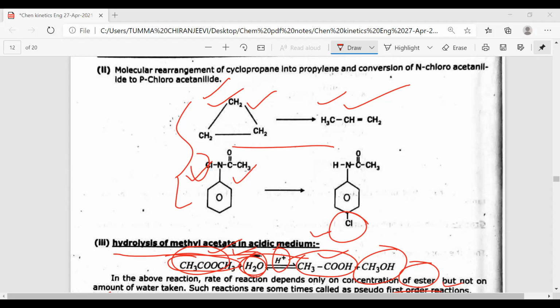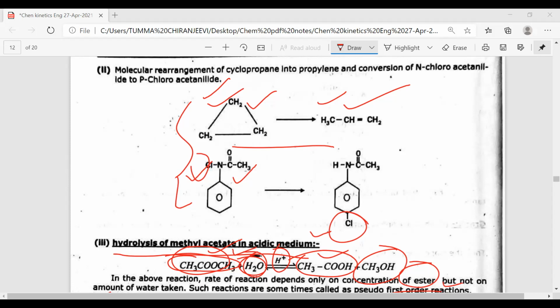And at time 20, 2.303 by 20 log 42 by 17.9, the value must be 4.27. And at 30 minutes, it is 11.2, and that is equal to 4.41 into 10 to the power minus 2.